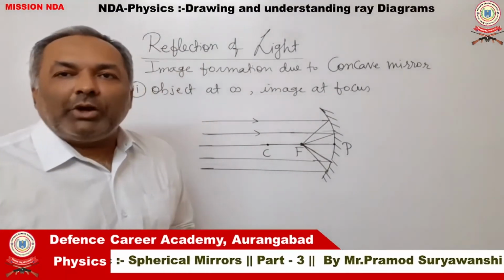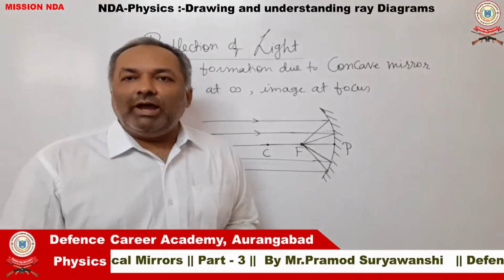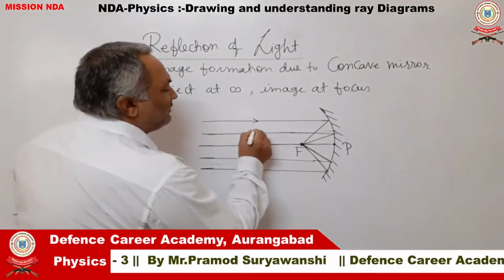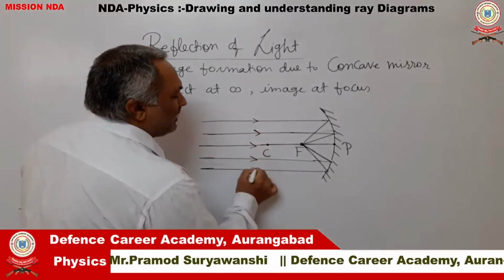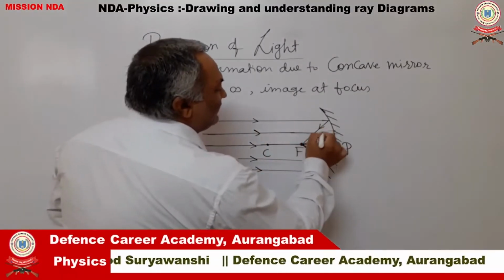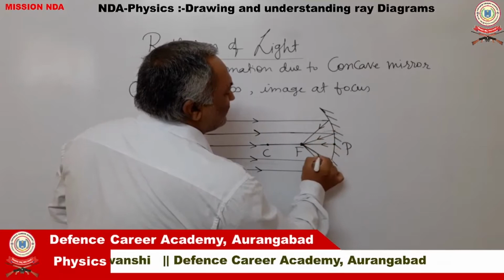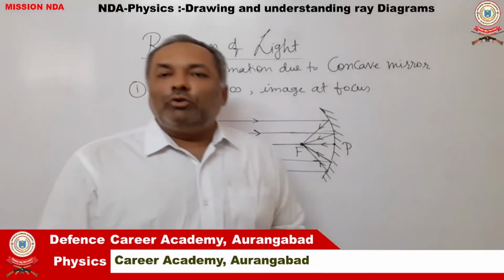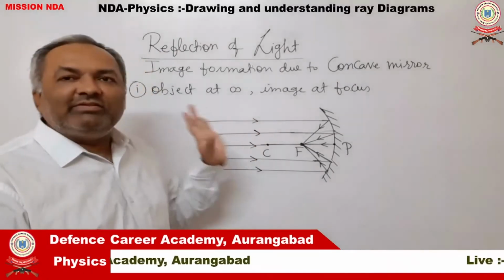Another important precaution that you must follow while drawing ray diagrams is to always mark incident rays and reflected rays with arrows, because you are going to draw a lot of straight lines in the diagram.